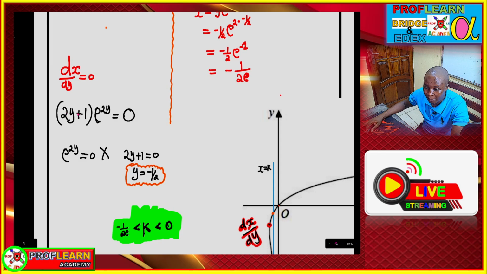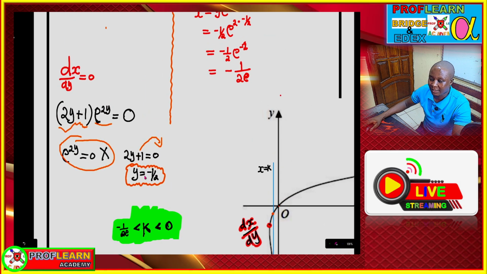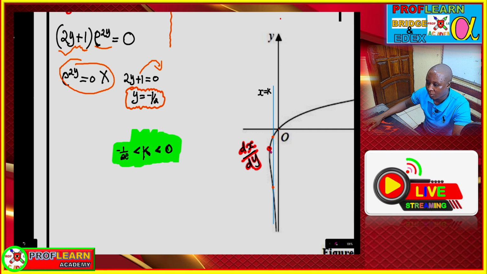So you can see I'm having (2y + 1) e^(2y), meaning that this part is equal to 0, or this part is equal to 0. But there is no way an exponential can be equal to 0, so this one died on arrival. We remained with one value: 2y + 1 equals 0, then if you take 1 to the other side, you have y equals negative a half, as the y value at this point.